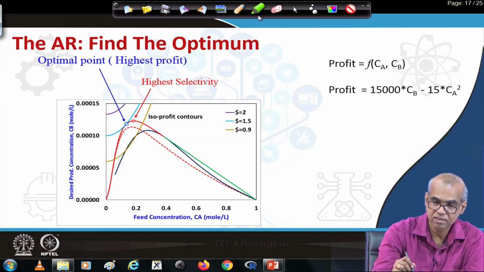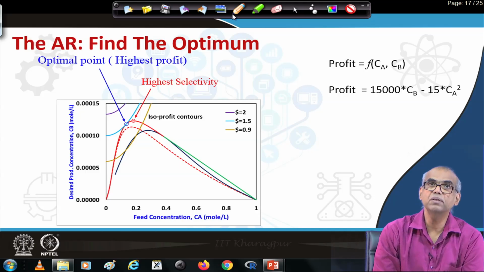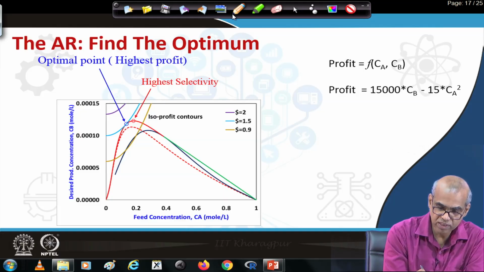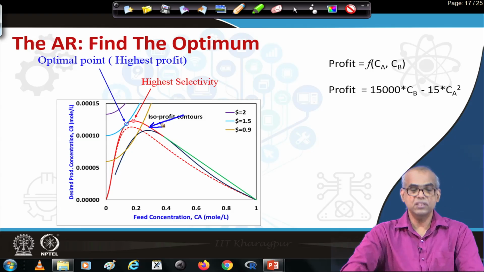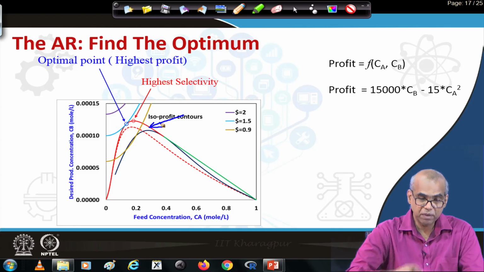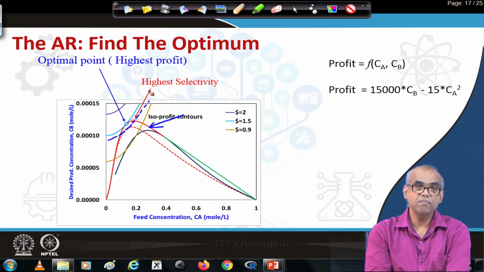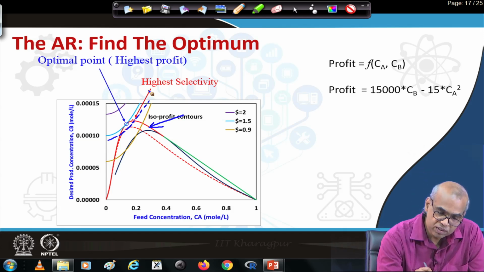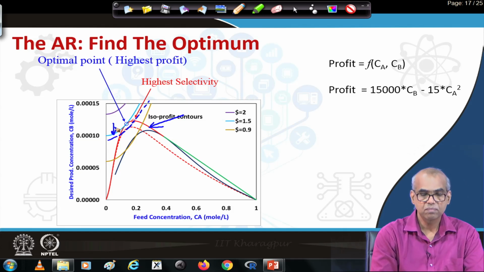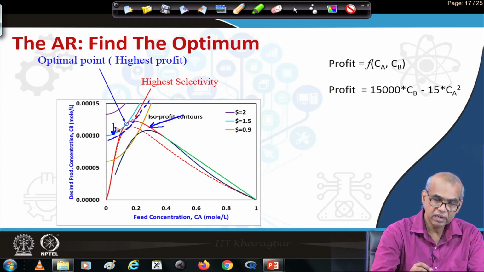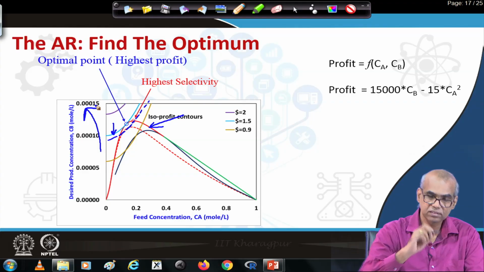whereas the highest selectivity is not the same optimal point. Note that the highest selectivity is the maximum on this attainable region curve, but if I consider the profit contour that passes through this point, this will have a lower profit value than this, because profit is increasing in this direction.